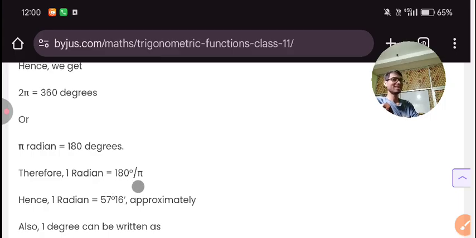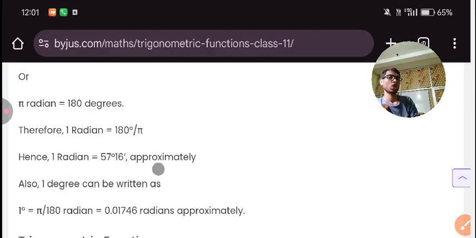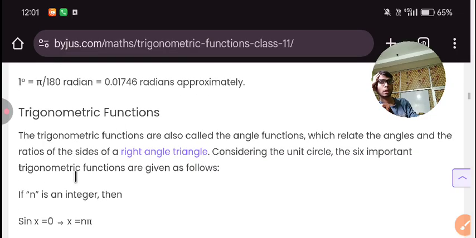We know the value of pi, so it gives approximately 57 degrees. And 1 degree can be written as pi upon 180 radian.